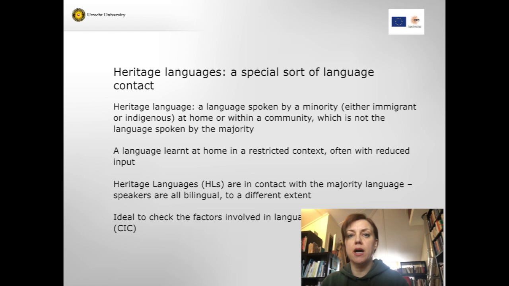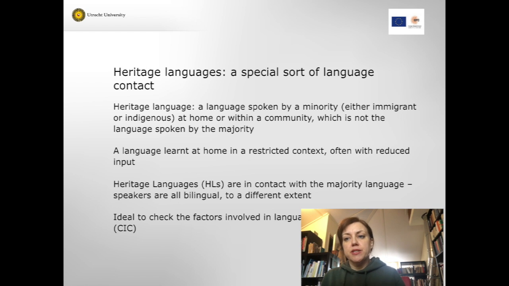Heritage languages are those languages that are spoken by a minority in a place where the majority speaks another language. So they're usually restricted to households, and as such, they are restricted to only some of the possible uses. The term heritage language is used not only for immigrants, but also for indigenous communities.